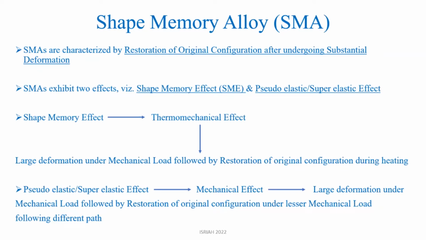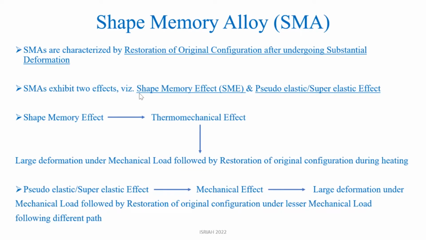Shape memory alloys are mainly characterized by their ability to restore their original shape and size, original configuration, after undergoing a significant, substantial deformation. Actually, shape memory alloys exhibit two very popular effects.